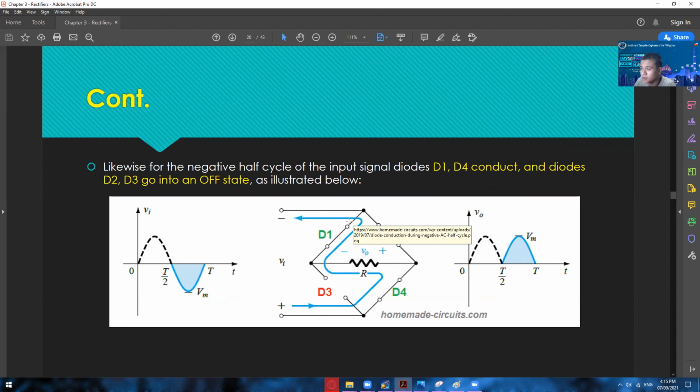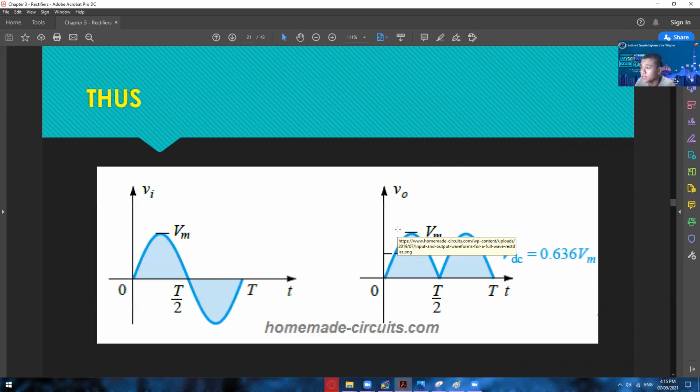So D1 and D4 are now activated, in forward bias, but D2 and D3 are now in reverse bias. As a result, this will now accept also a negative half cycle. If you combine those two, then you can have this kind of output. So we have the positive and then we have the negative.